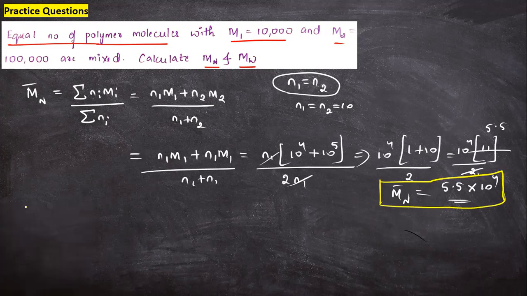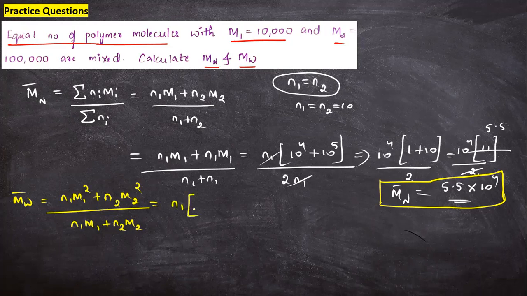Next is the weight average molar mass. The formula for weight average molar mass is N1 M1 square plus N2 M2 square divided by N1 M1 plus N2 M2. Again here we need to consider N2 as N1, and then we can easily take it as common.